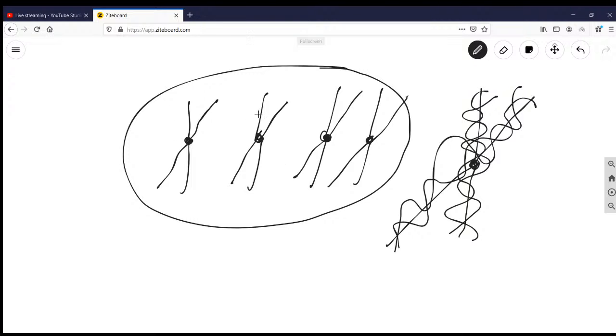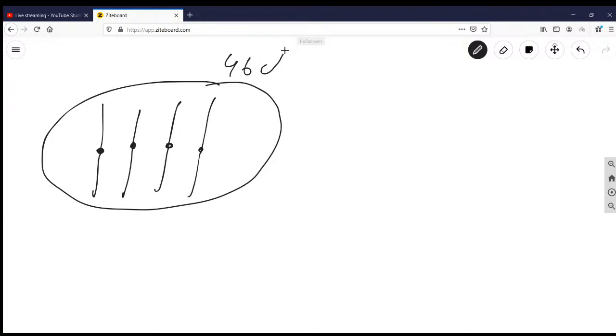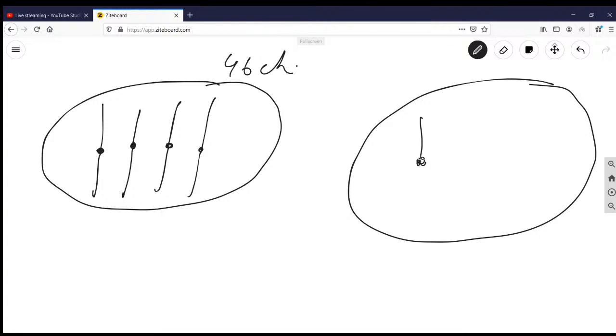So here what happened? In the beginning, before S phase you had 46 chromosomes. After S phase also you will be having 46 chromosomes only. But each chromosome has got its sister chromatid.